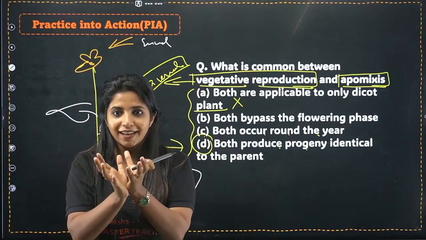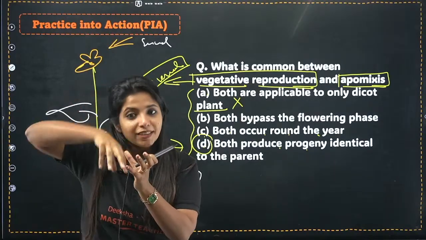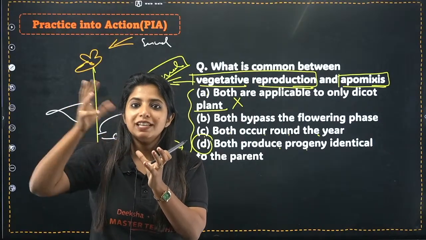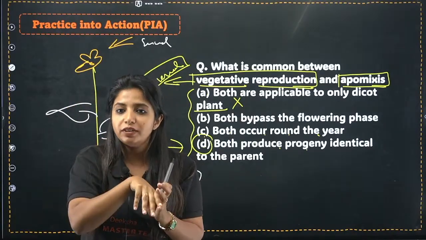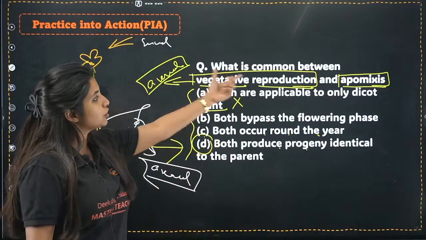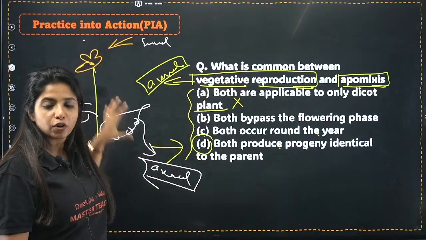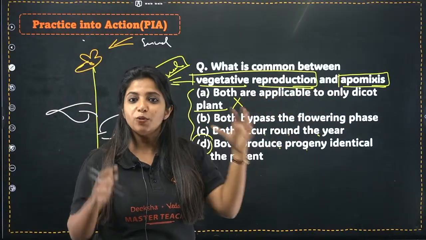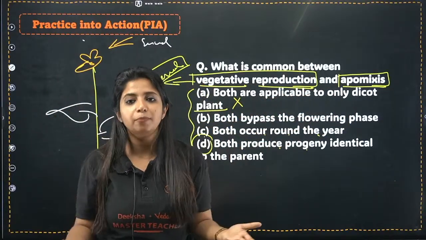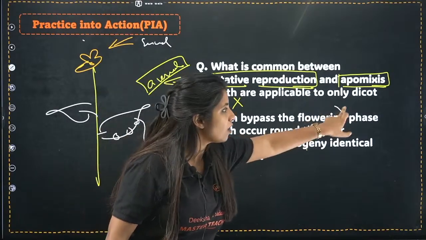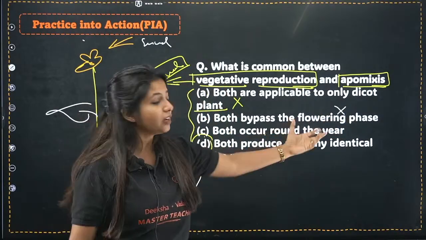Inside this you have all the parts: stigma, style, ovary. Inside the ovary you have the ovule where all of it is happening. So a flower can be formed there. Even if in vegetative reproduction you're talking about the leaf only, fine. But when you talk about apomixis, you have a flower where all of this is happening together. So this would be a wrong statement. Now, both occur around the year.